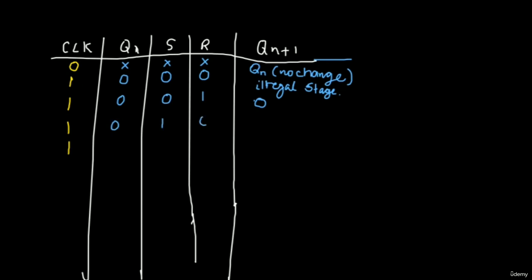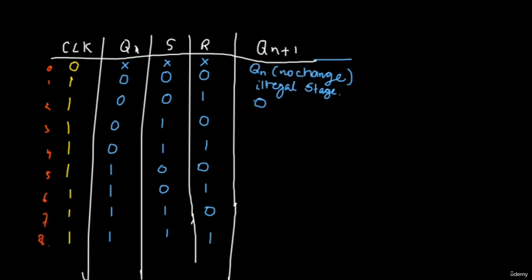Let's write this table first so that we can understand things quite clearly. 0 1 1, and then 1 0 0, and then 1 0 1, and finally 1 1 0, and then finally 1 1 1. I hope I have completed everything, and the clock is active, so everywhere it's just a 1. Let's see if we have done it correctly by counting: 0 1 2 3 4 5 6 7 8.